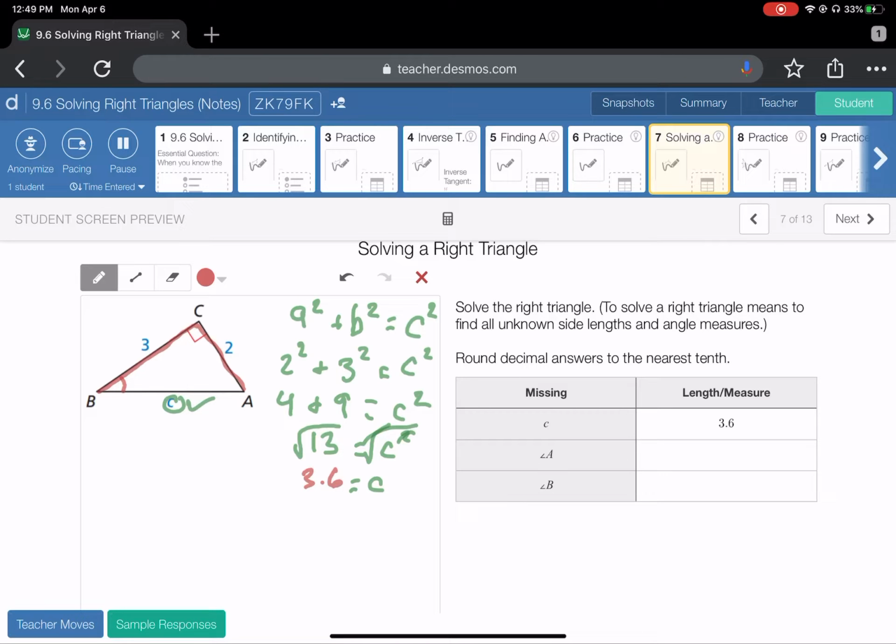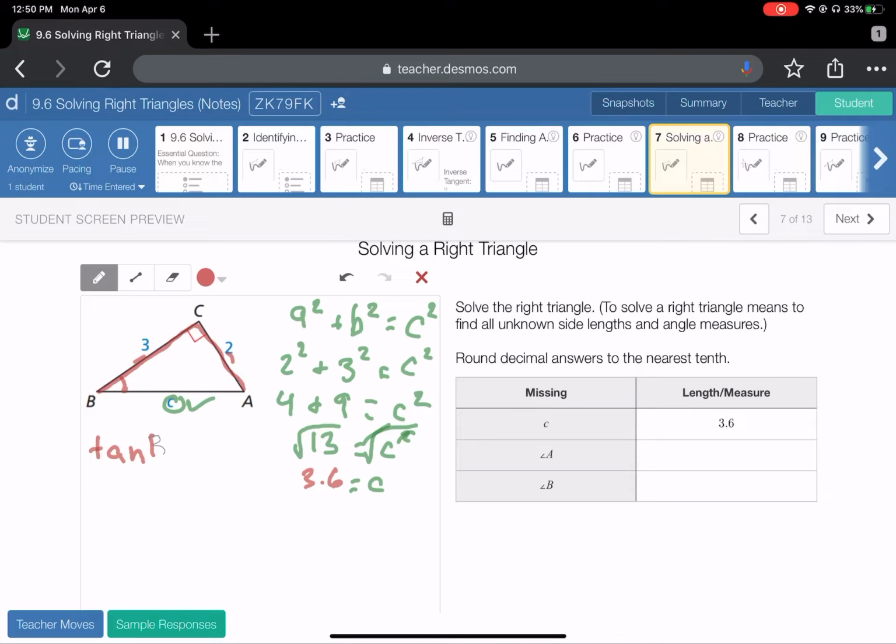So that is the adjacent side of angle B and the opposite side. If we think of what trigonometric ratio has opposite and adjacent in the same form, then we can use that to figure this out. Opposite and adjacent are tangent features.